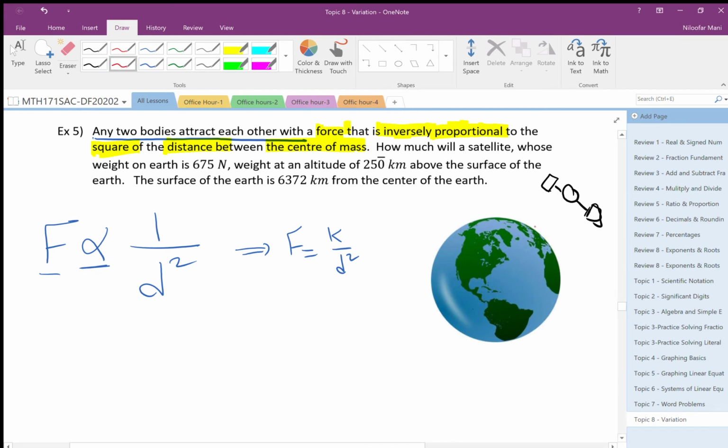From here to here is 250 kilometers. And from here to here is 6372 kilometers.